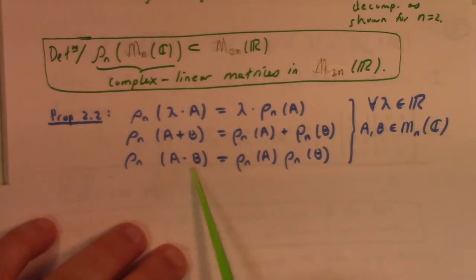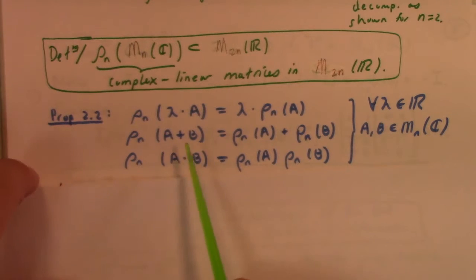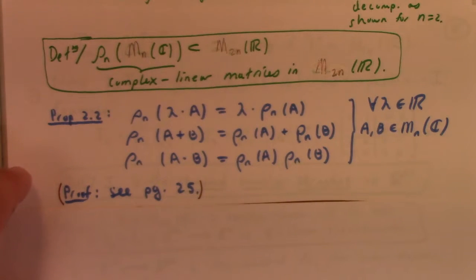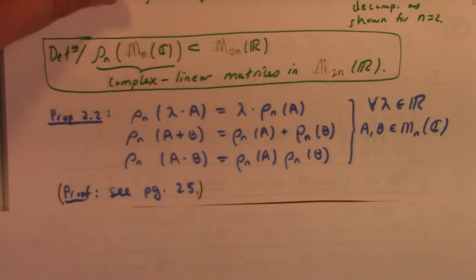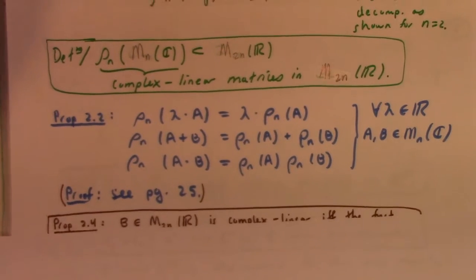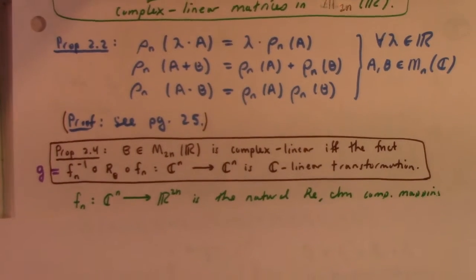That's why this row n map is interesting. In fact, it's an isomorphism onto that set, in the sense of algebras. It also preserves the multiplication and the addition.